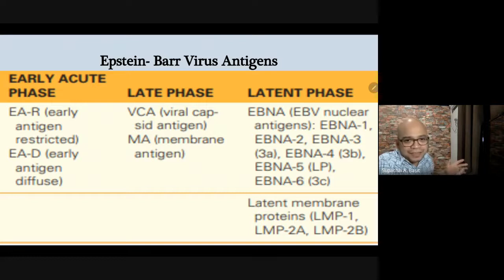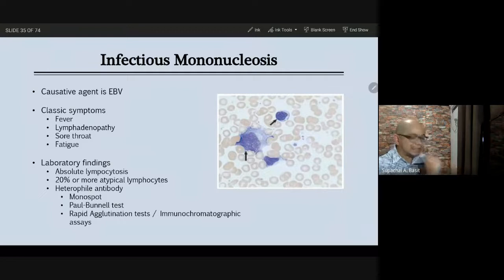During the latent phase, the markers are the EBNA, Epstein-Barr nuclear antigens, which are divided into 6 types, 1, 2, 3, 4, 5, and 6, and the latent membrane proteins, LMP, which is divided into 2A and 2B. These are the different markers that we are using.